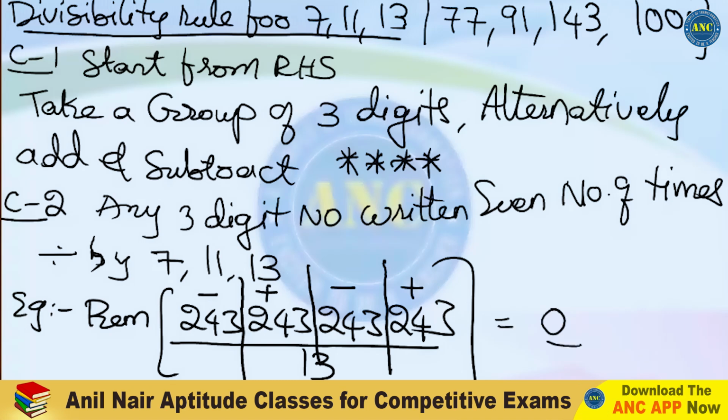So, two important things. First is the generic divisibility rule for 7, 11, 13: start from right hand side, take a group of 3 digits, alternately add and subtract. Any 3-digit number written even number of times is always divisible by 7, 11 and 13. I hope this concept is clear.